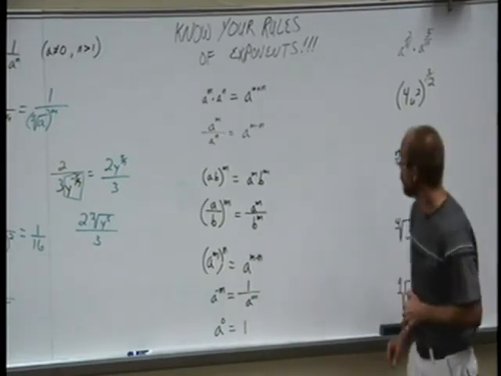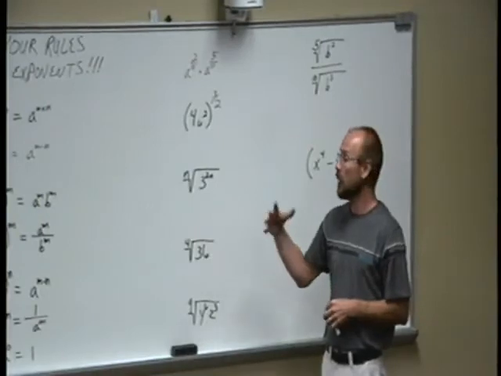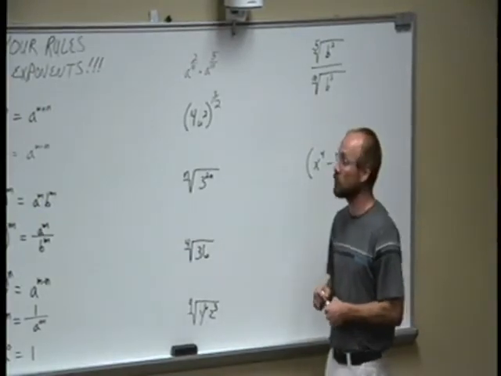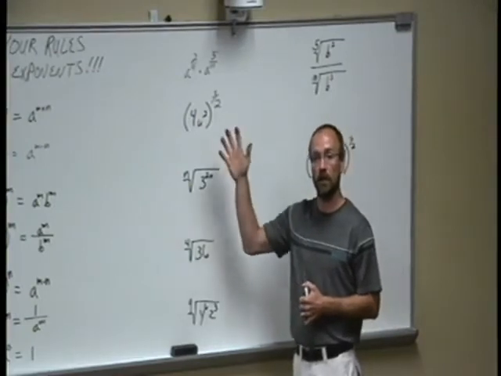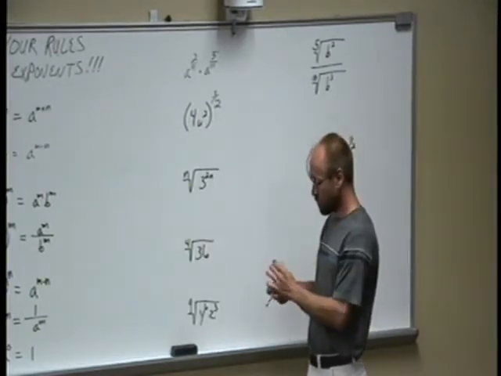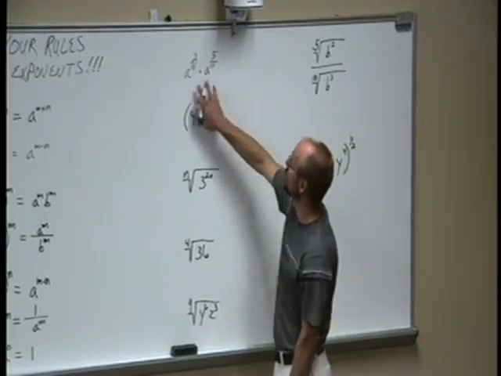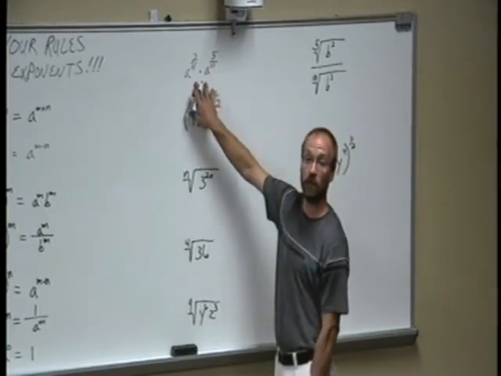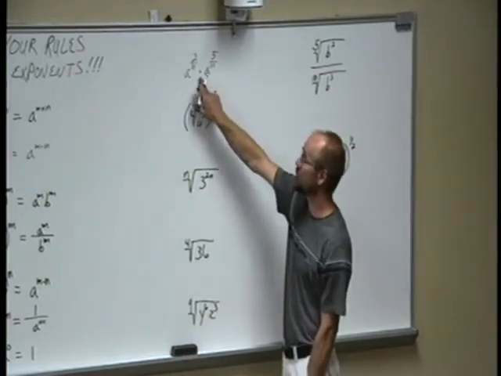All right, so let's look at some examples where we can apply those rules and the two other rules that we looked at, changing these to either powers or rational exponents. Now, if we look at this, this looks very similar to that first rule of exponents, our product rule.